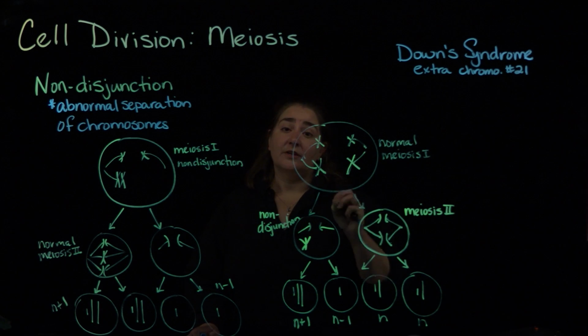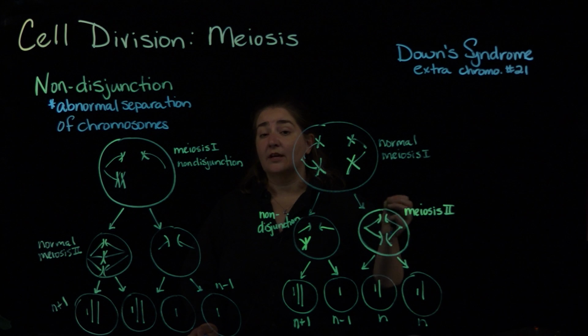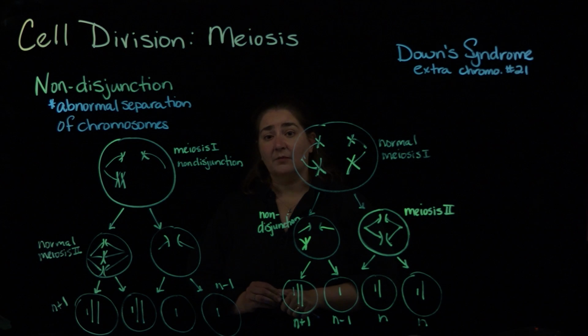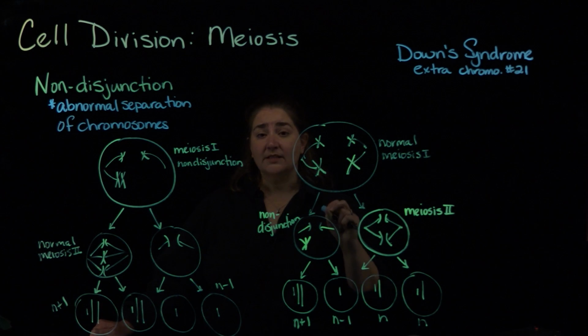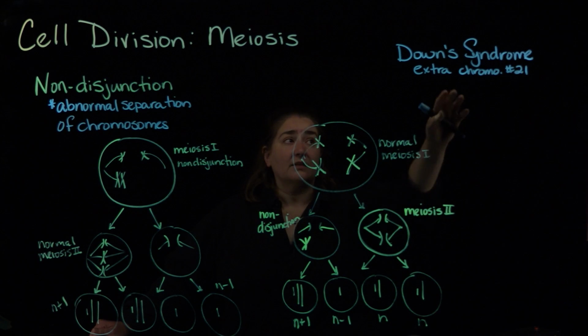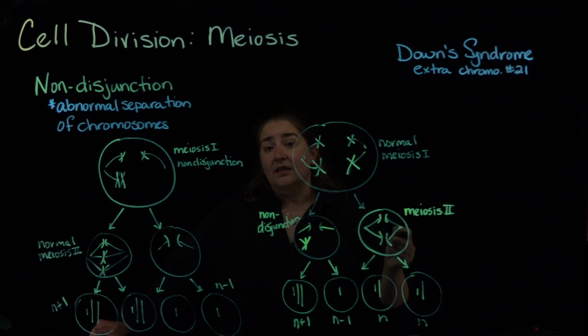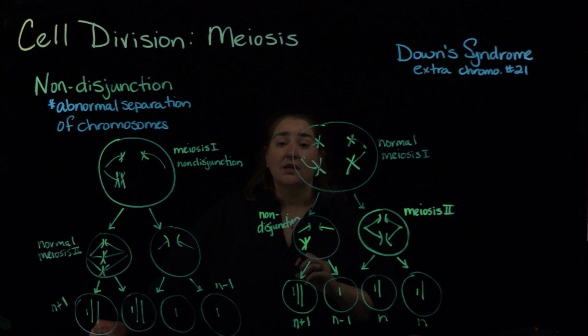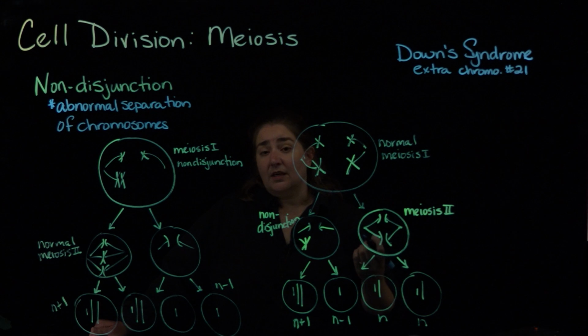That's an example of a non-disjunction that allows for a viable offspring. If you look at the karyotype in the PowerPoints, chromosome 21 is a fairly small chromosome, so that's in part why it's not lethal. You can have non-disjunctions with chromosome 13, chromosome 1, you can take your pick. Those tend to not be viable, because if you get too much information, the cell doesn't know how to handle it.